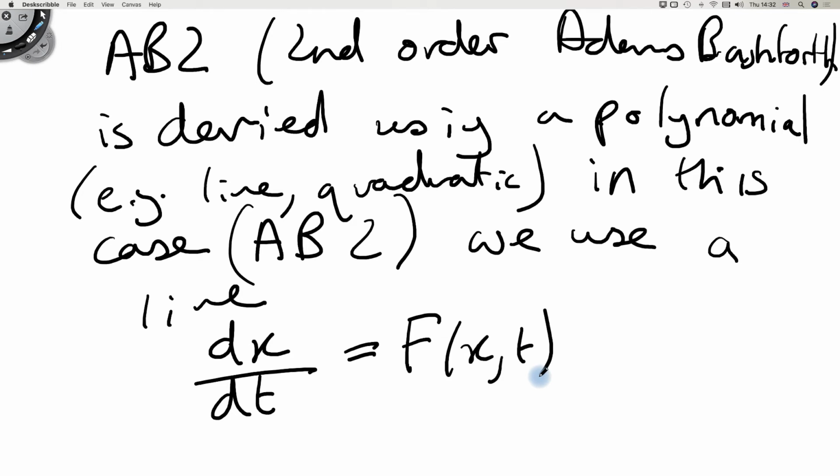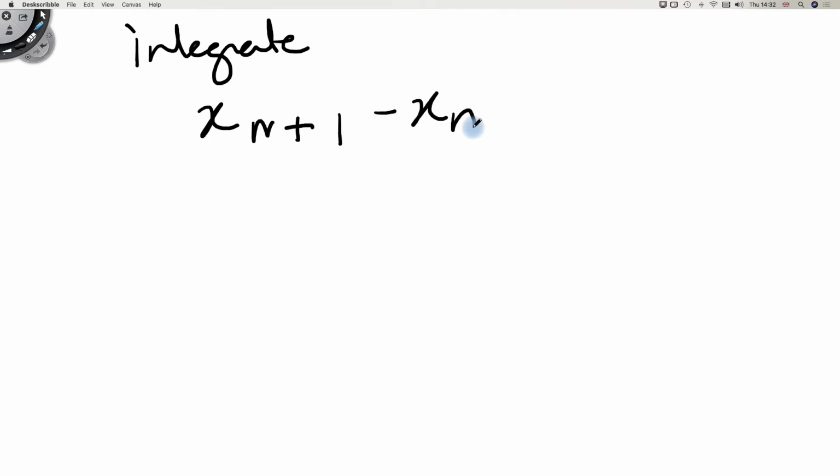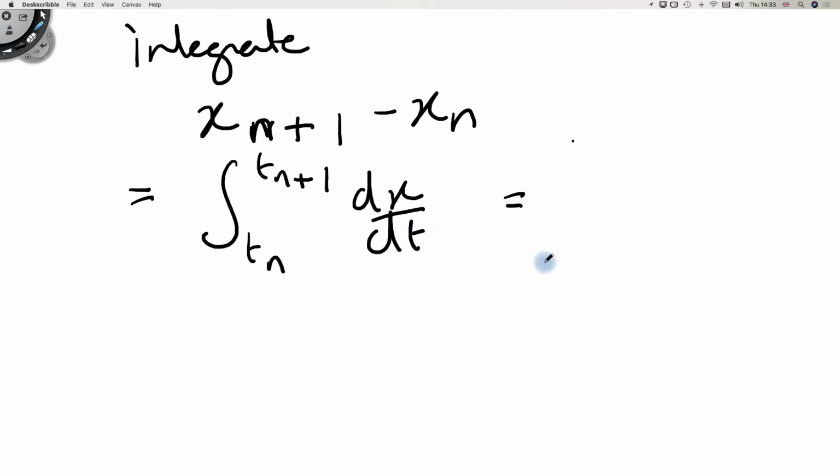Well, of course, when we're solving it as an ODE, we integrate, and we have x_{n+1} minus x_n equals the integral from t_n to t_{n+1} of dx/dt, which is then also equal to the integral from t_n to t_{n+1} of f dt.